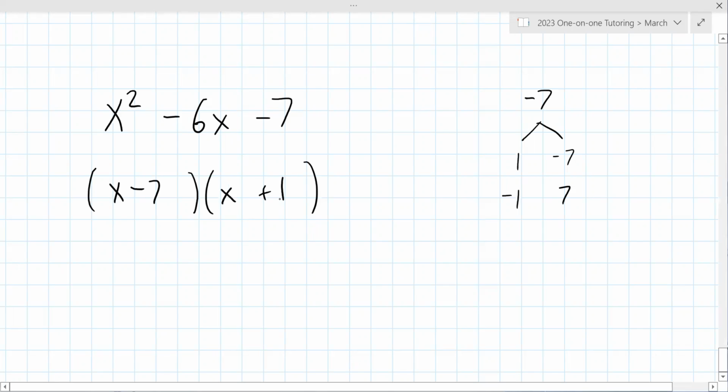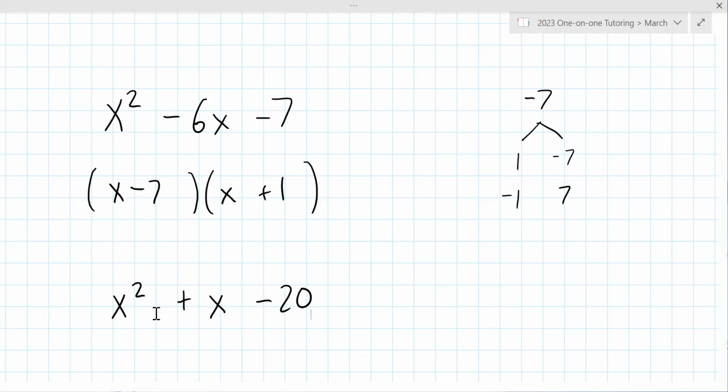All right. So I'm going to give one just a tiny bit more difficult here. Let's go x squared plus x minus 20. So this is also the possibility where they alternate in signs. One's positive and one's negative. Let's see.